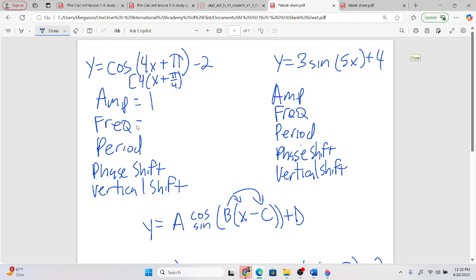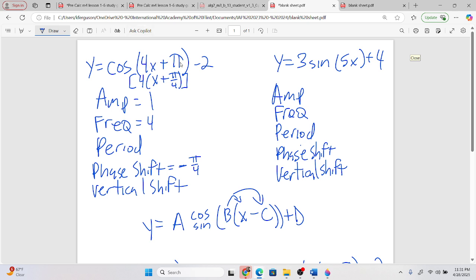See, 4 is my frequency. But inside the parentheses, I've still got x plus pi over 4. Remember that when you're inside those parentheses, it's the opposite of what you see. So x plus or minus something is my phase shift. In this case, my phase shift is minus pi over 4. Like I said, that's what's misleading about this, so you got to watch it.